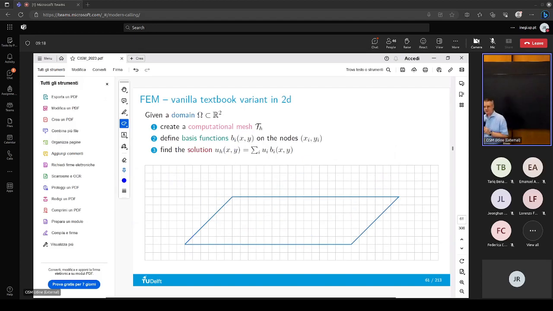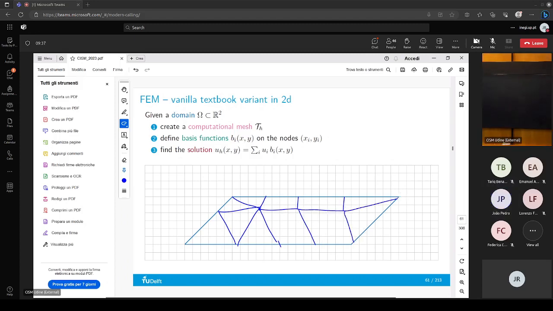Okay, let's do the same thing in 2D. I mean, it's obvious what we do. We can decide, we either take triangles, or a combination of triangles and quadrilaterals. All is possible. And then this should be the mesh. And then on that, we define this basis function.